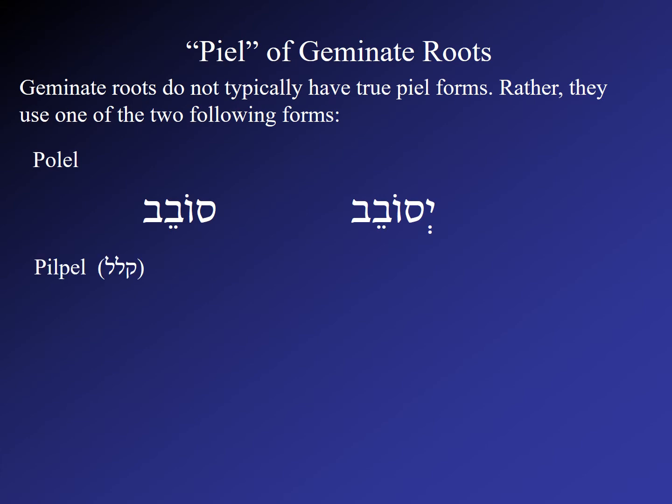The other form is the pilpale, which here we'll look at the root kalal, which means to be light. So the pilpale is kilkale. Notice how these all sound just like their stem. So the name of the pilpale, when you put actual root to it, becomes kilkale. The name of the polale, when you put a root to it, becomes sovave. So the affix is kilkale and the prefix yakalkale.